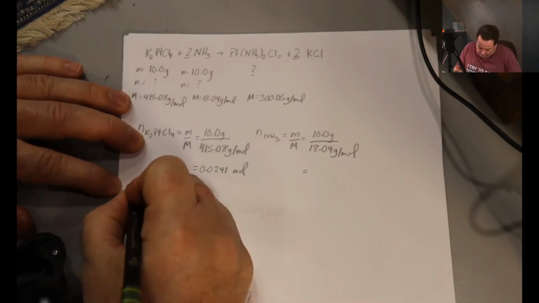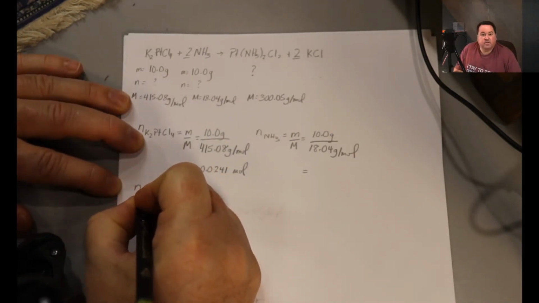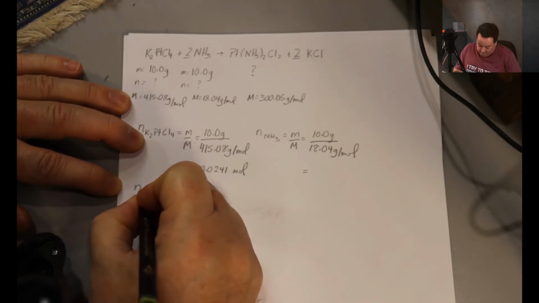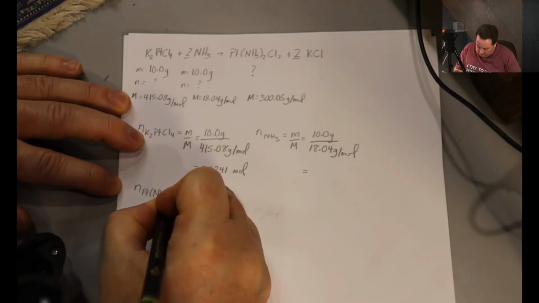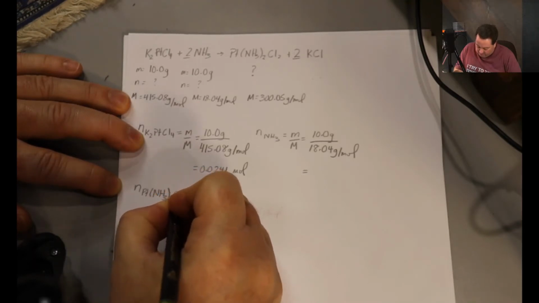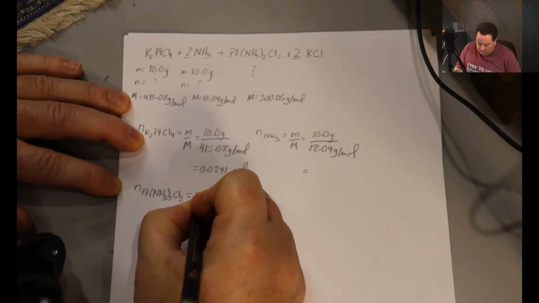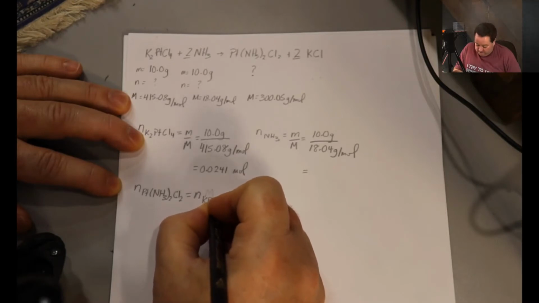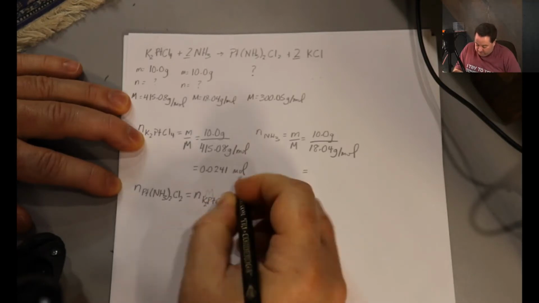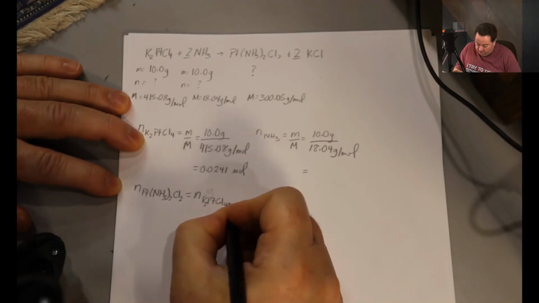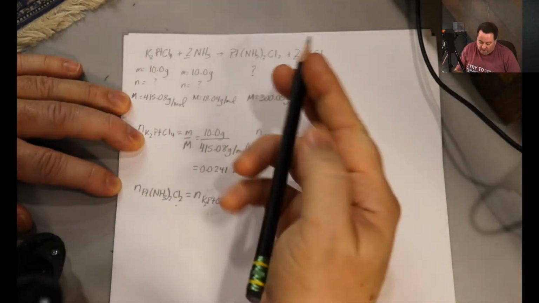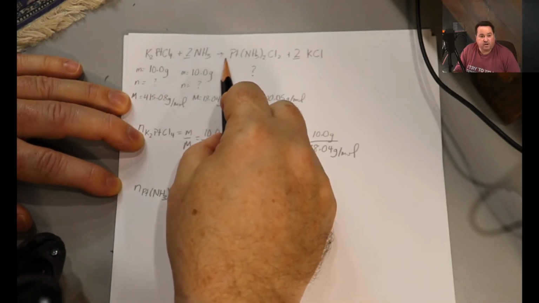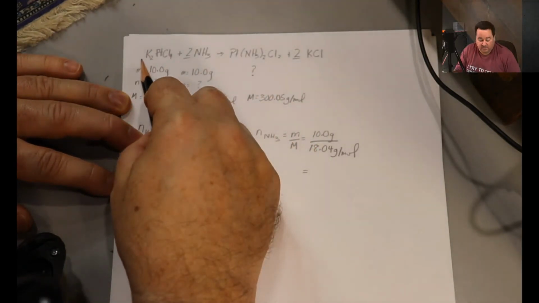The second step is to figure out the number of moles of product from the number of moles of the first reactant. The number of moles of Pt(NH3)2Cl2 is the number of moles of the first reactant, K2PtCl4, times our mole ratio, and the mole ratio is the coefficient of the required substance over the coefficient of the given substance.